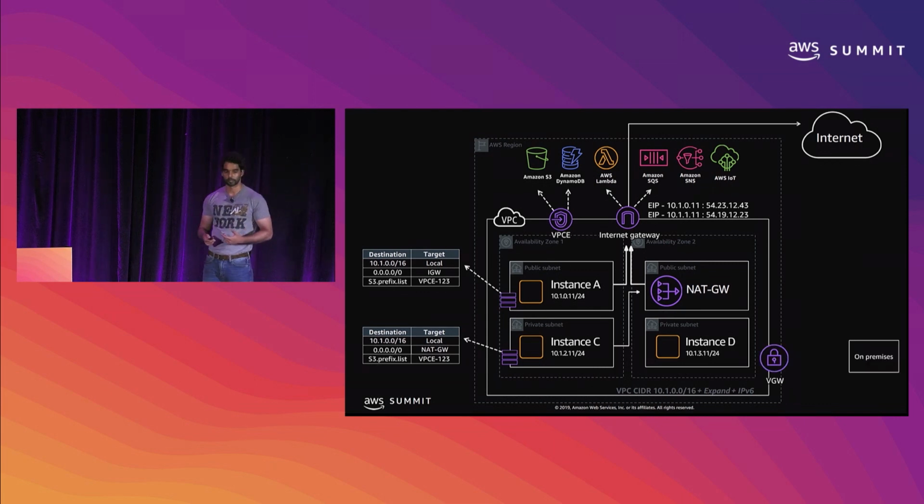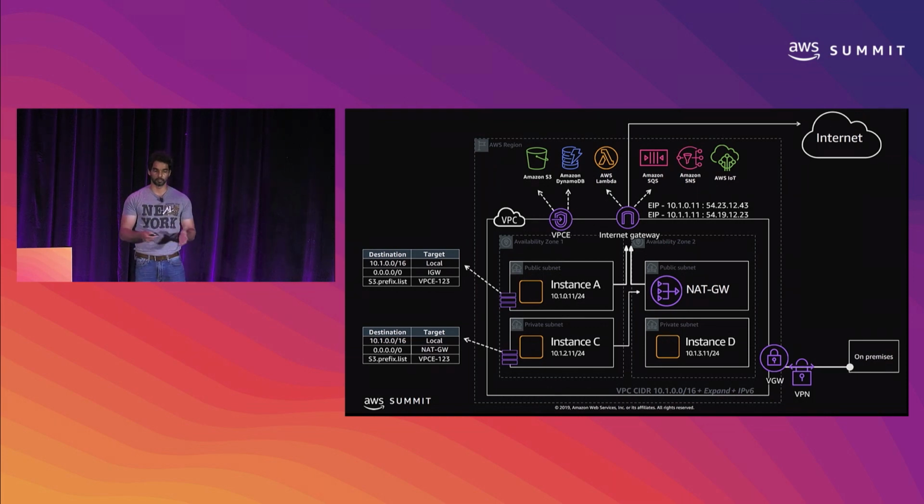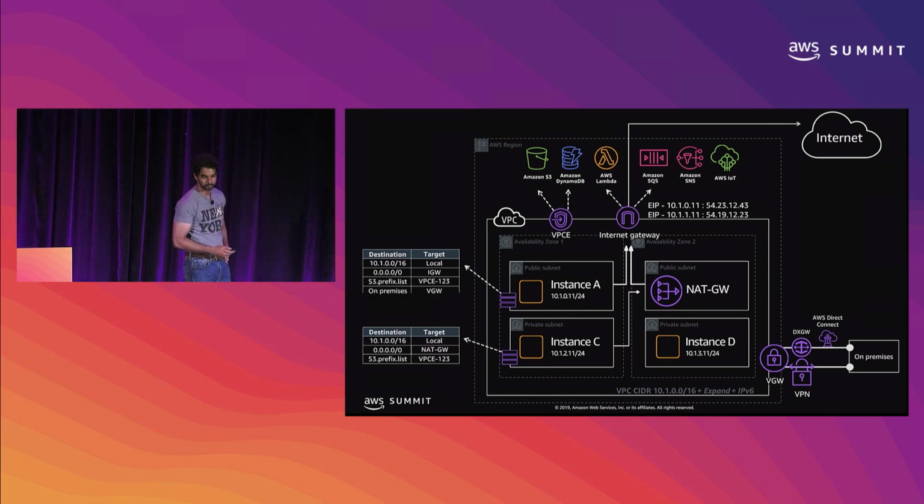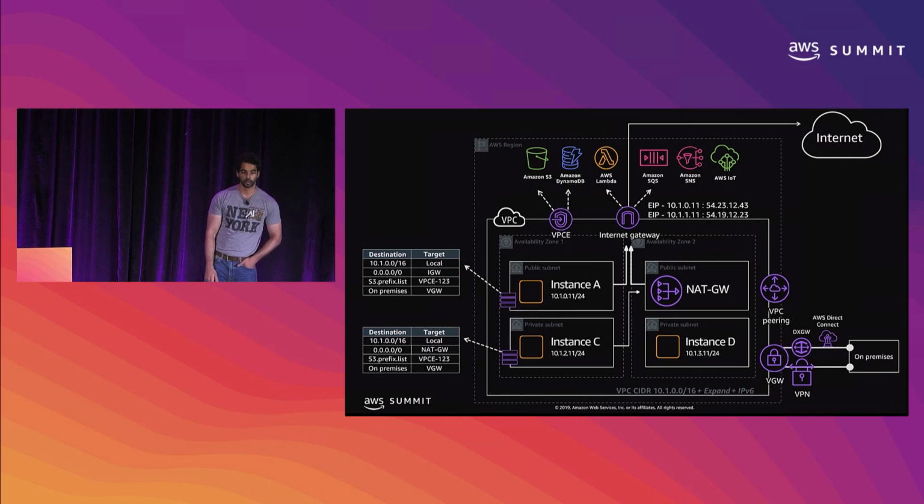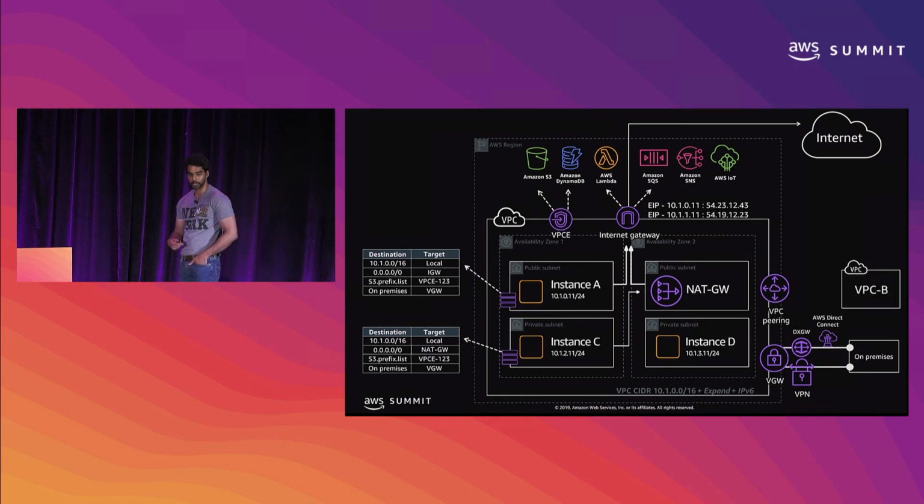You want to talk to on-premises networks? You can use VPN. You can connect them directly to the virtual private gateway, or you can use Transit Gateway. You can use Direct Connect with the Direct Connect gateway to connect to multiple VPCs across AWS regions. Again, all of that requires routes to be added into your route table. So we're doing that on the side. If you want to connect to other VPCs, you can use VPC peering.